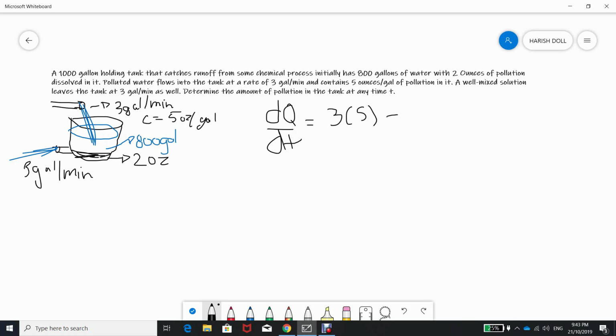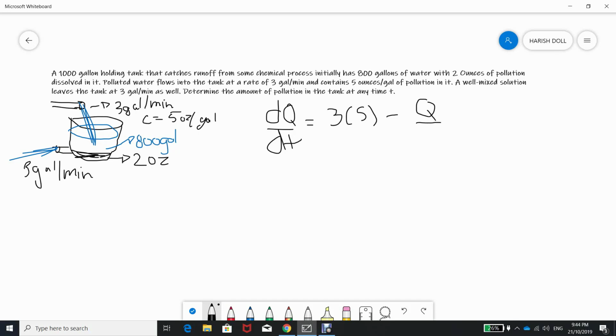We don't know the concentration of the water which is leaving the tank. What we do know is that we are letting q be a variable representing the amount of pollution inside the container. So we can find the concentration by dividing the amount of pollution by the volume of the solution.